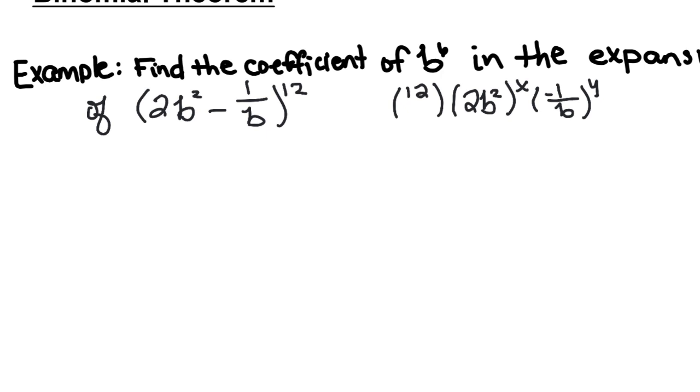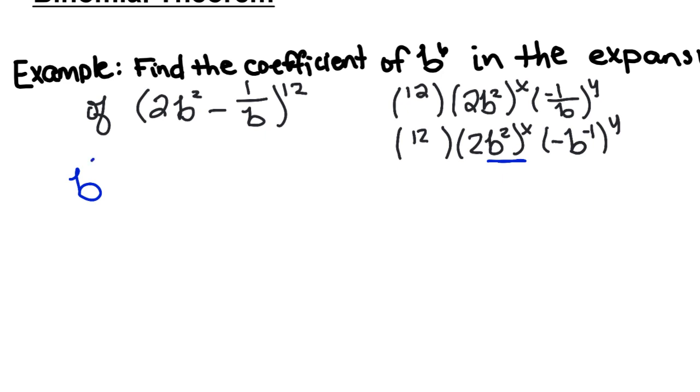There are actually a few different ways that you can do this. I'm going to rewrite this as 12 something 2b squared to the x. To move something to the numerator, you can put a negative exponent with it. So this is the same thing as negative b to the negative 1. And then, again, you can guess and see which ones work, or you can set up a system where, just looking at the b's, I'm going to have b squared raised to the x.